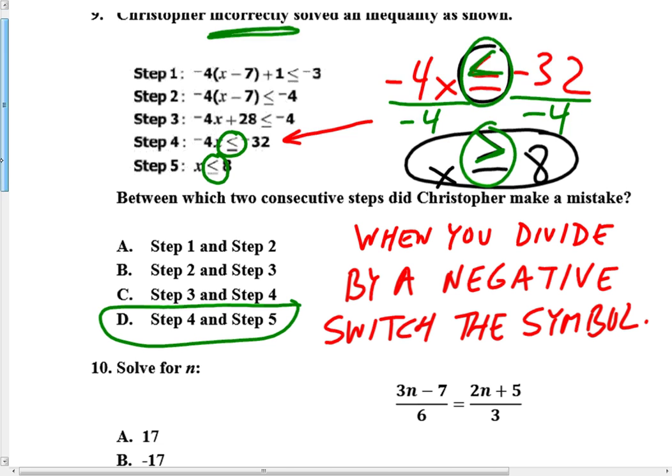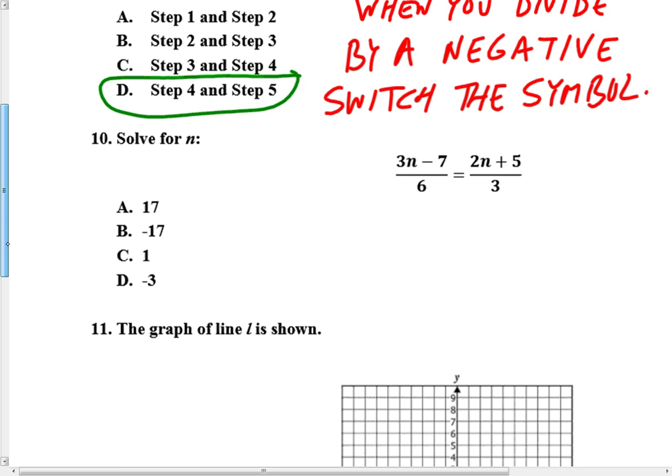Number 10. Fraction equal to a fraction. But we don't call it a fraction equal to a fraction. What is our phrase or word when you see something like this?